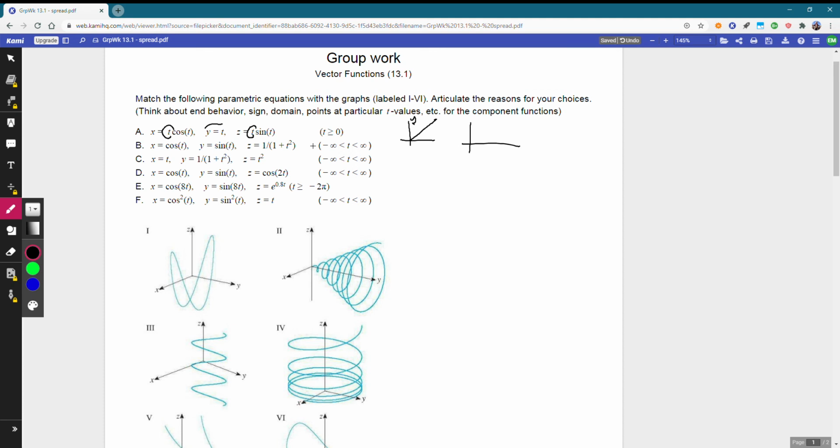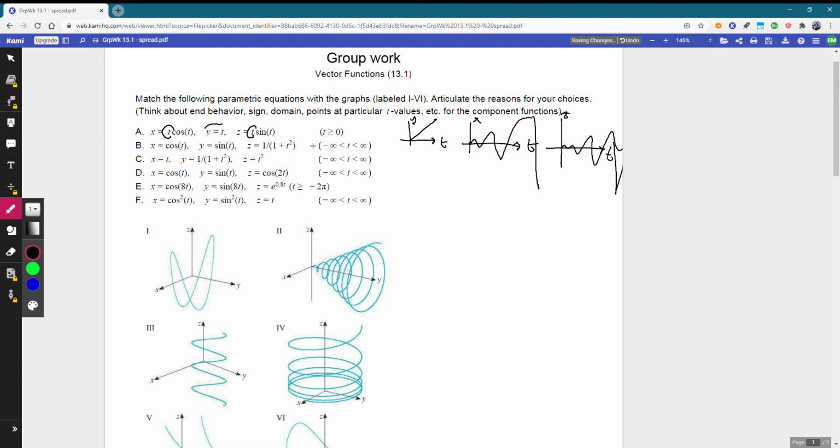X and z, I guess x to be careful, it'll start at 0. I'm just going to draw the basic shape, something like that, right? And same with z is going to do something like that, wobbling more and more wildly as t moves out.